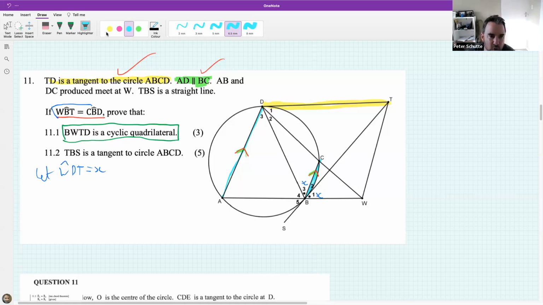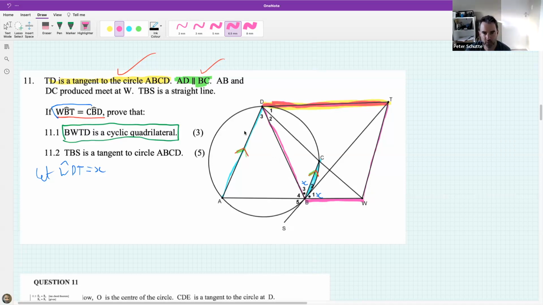And I suppose we should also highlight what BWTD is. BWTD, so that is the shape that we are trying to deal with. Okay, so we know the pink quad is where we are playing.